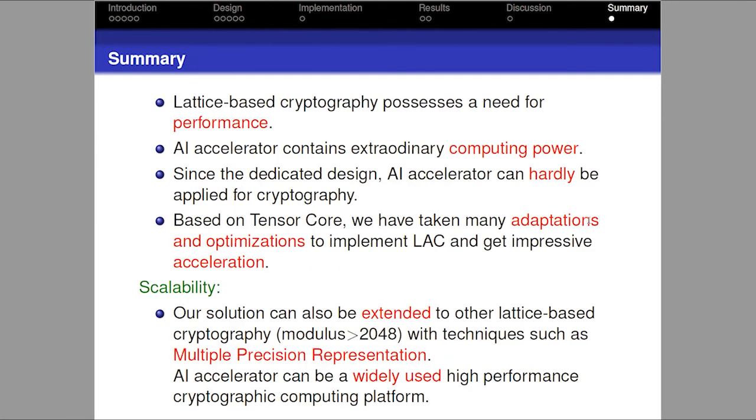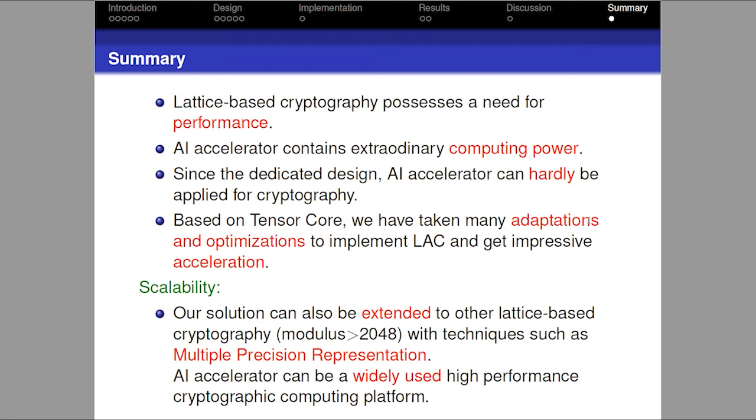So let's make a summary here. Lattice-based cryptography needs a high-performance implementation. Meanwhile, AI accelerators contain extraordinary computing power, but can hardly be applied for cryptography due to the dedicated design. In this paper, based on NVIDIA's AI accelerator Tensor Core, we have made many adaptations and optimizations to implement LAC and get impressive acceleration.